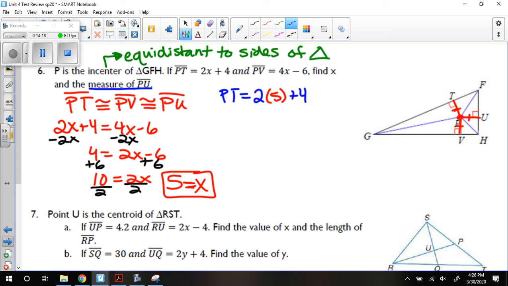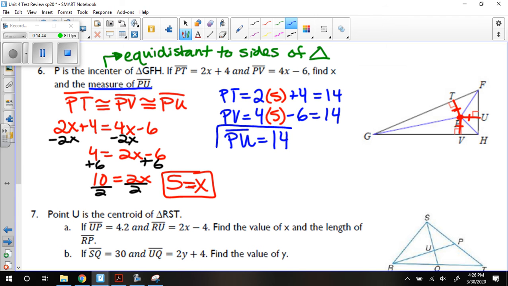That is 10 plus 4, that is 14. And for PV, if I plugged in the 5, it'd be 4 times 5, which is 20, and 20 minus 6 is 14. So since I know PT, PV, and PU are all the same length, that means PU is also 14.